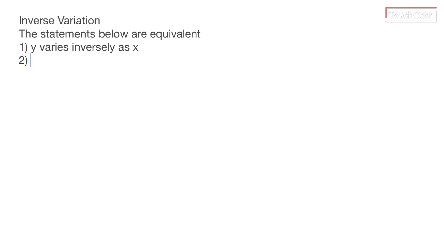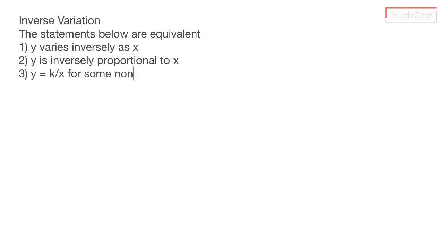The second equivalent statement is y is inversely proportional to x. And our final equivalent statement is y is equal to k divided by x for some non-zero constant k.